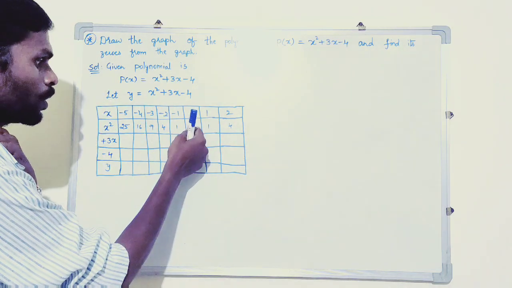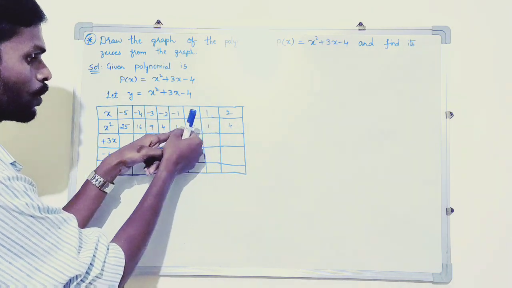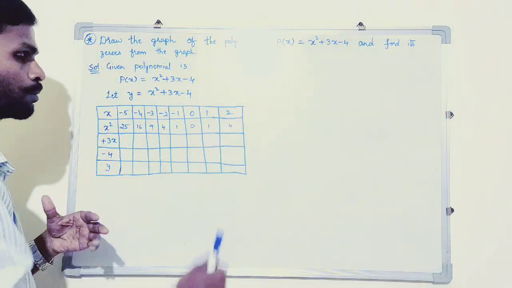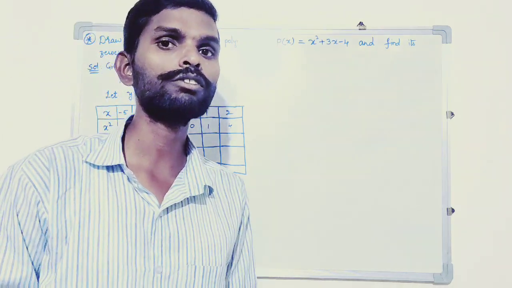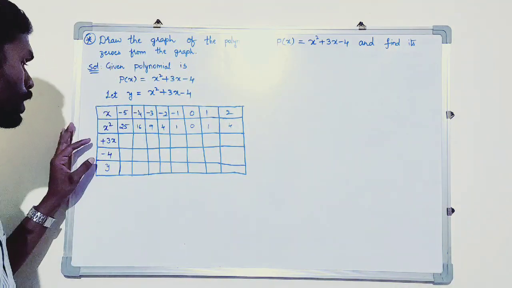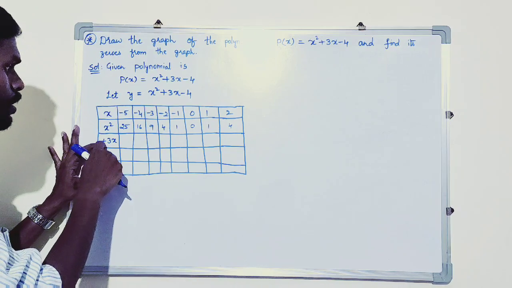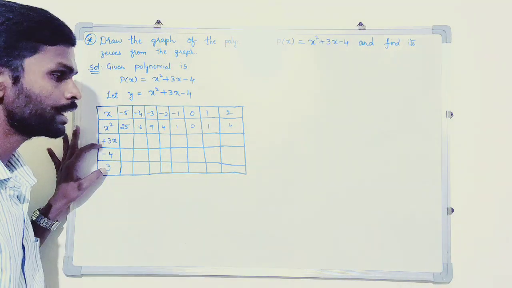You can also go like this. See, this is 0, 1 square, 2 square, 3 square, 4 square, 5 square, and 1 square, 2 square. If you take 0 as reference, it will be easy. Now, here comes the symbol. What symbol is there? Plus, plus into minus.